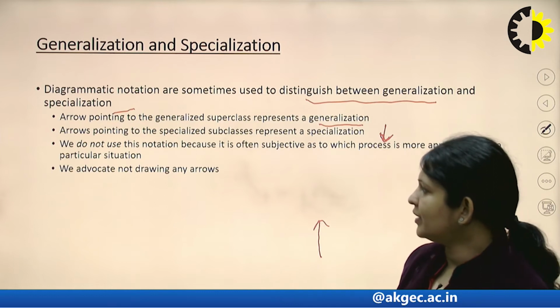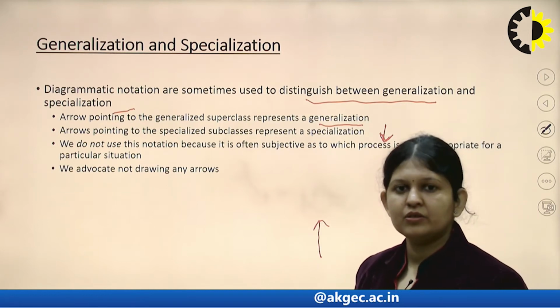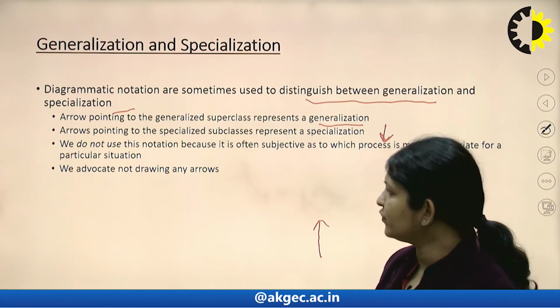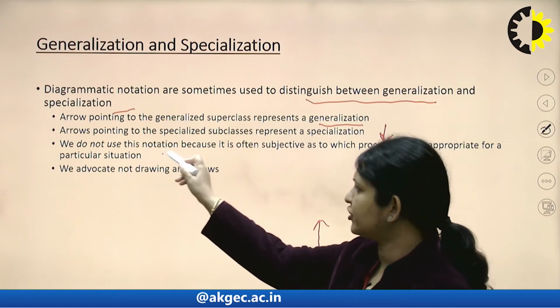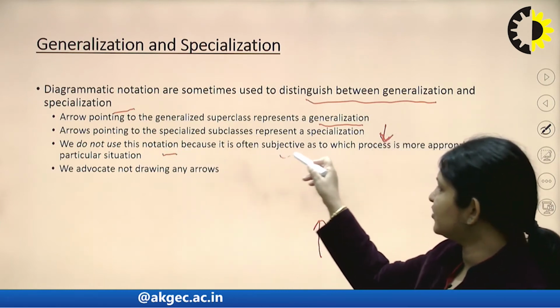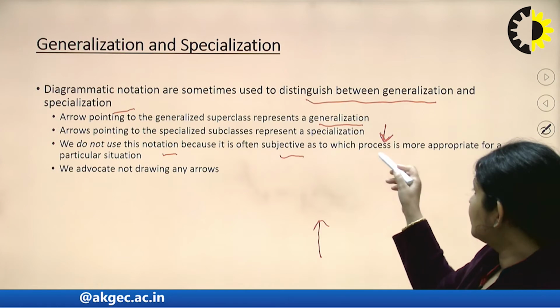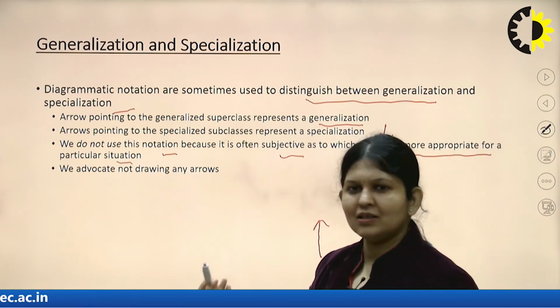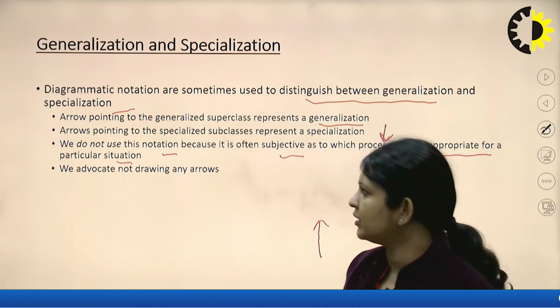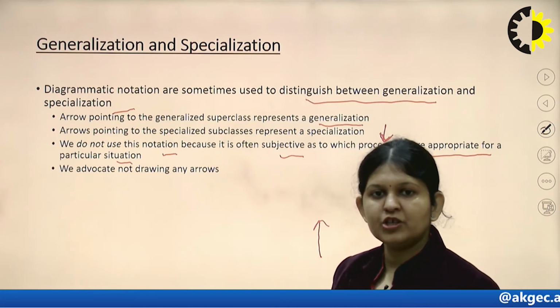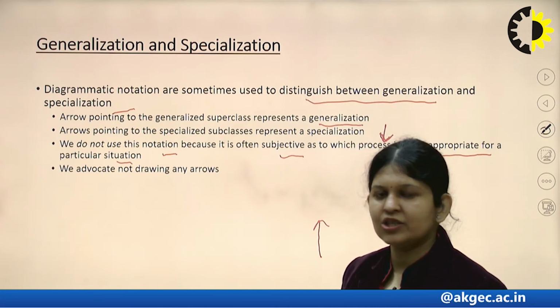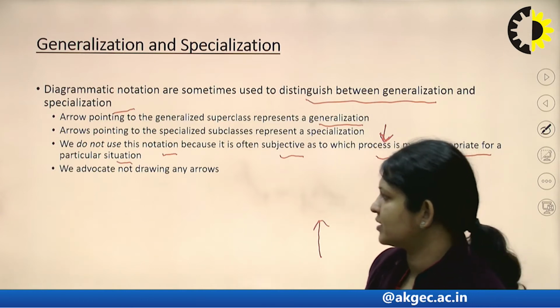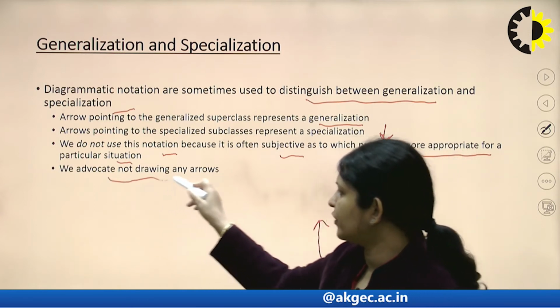But nowadays we are not concerned about this, so we don't use these notations because it is often subjective as to which process is more appropriate for a particular situation. We know that it's a reverse process, so we avoid drawing any arrows.